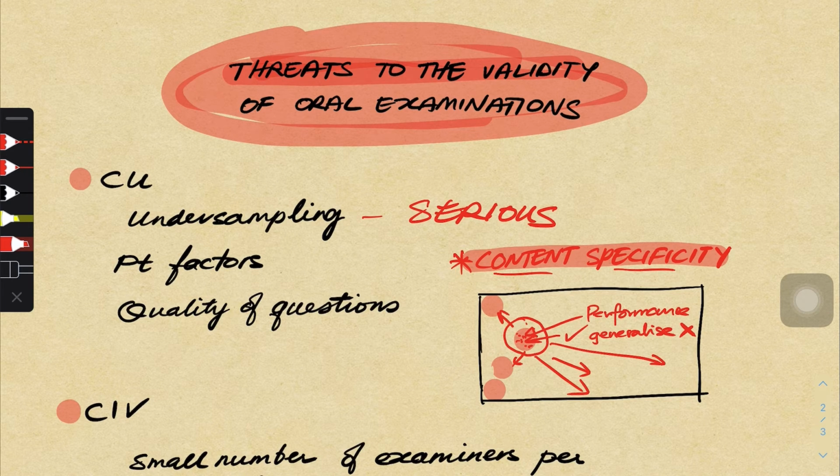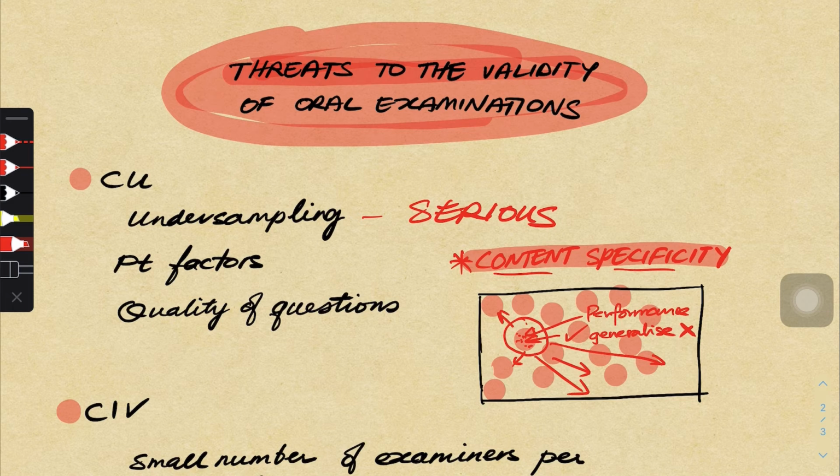It goes for any kind of assessment. You ask MCQs, you ask essays, you ask long cases, you ask the students to perform in the OSCEs, in whatever assessment, the performance is specific for that particular content and you cannot generalize. What you need to do, therefore, is to sample a lot of areas.